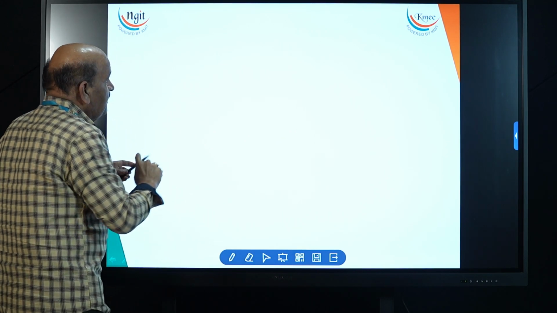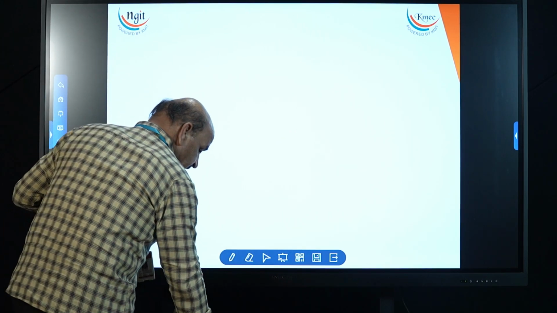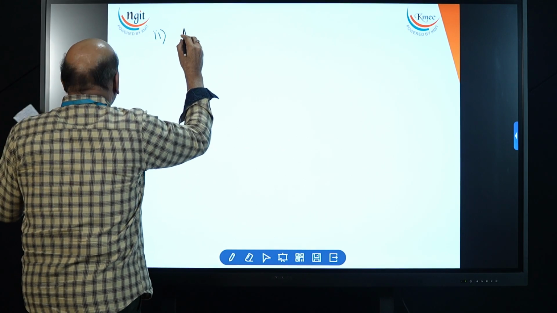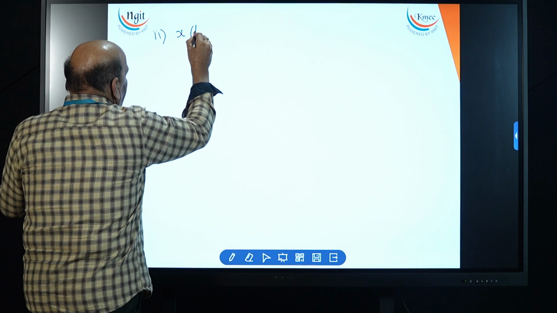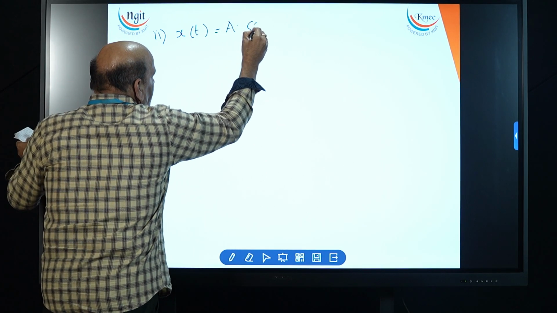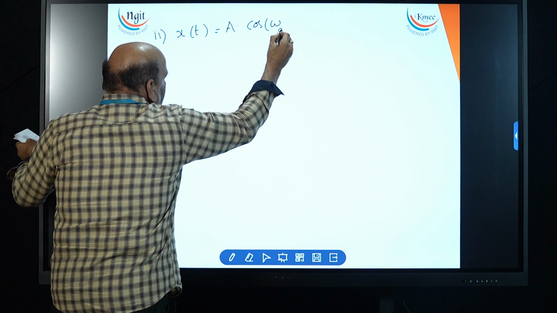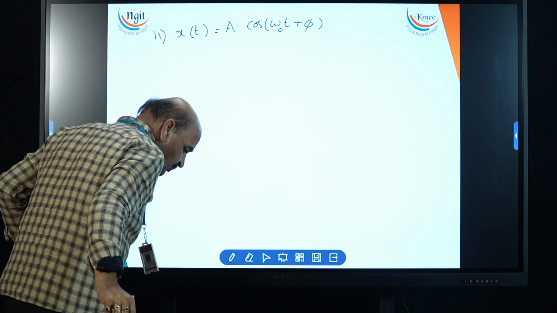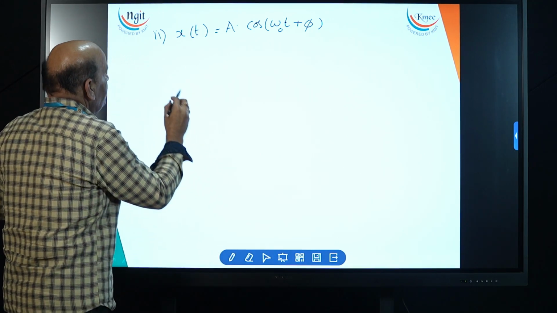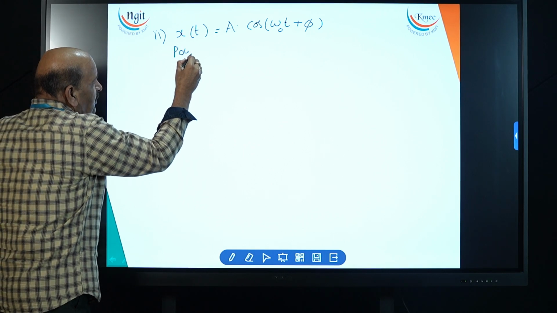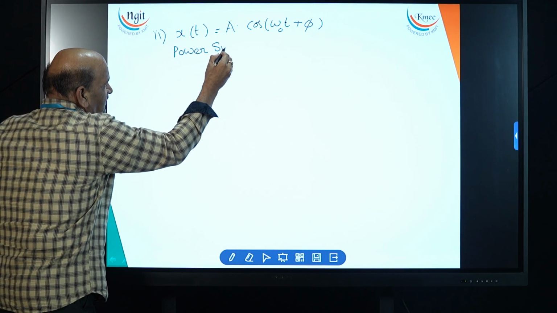Now I will repeat it. No, not like that. Now just look at, the given problem is x of t equal to a times cos of omega naught t plus phi, the phase value. Here it contains a cos term. Cos term means the given signal is a power signal.